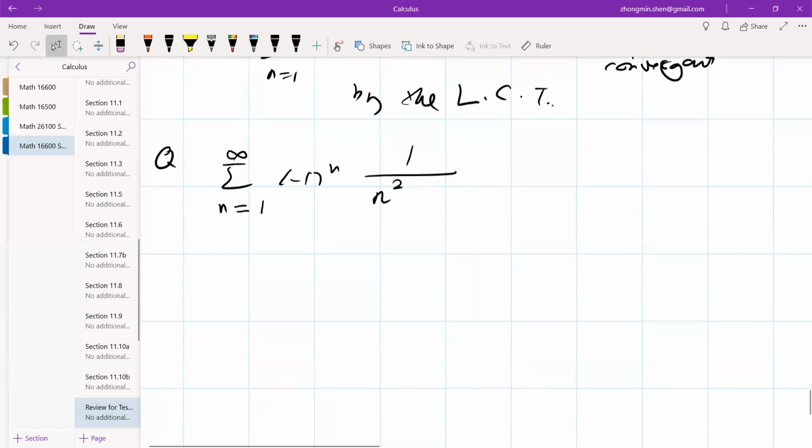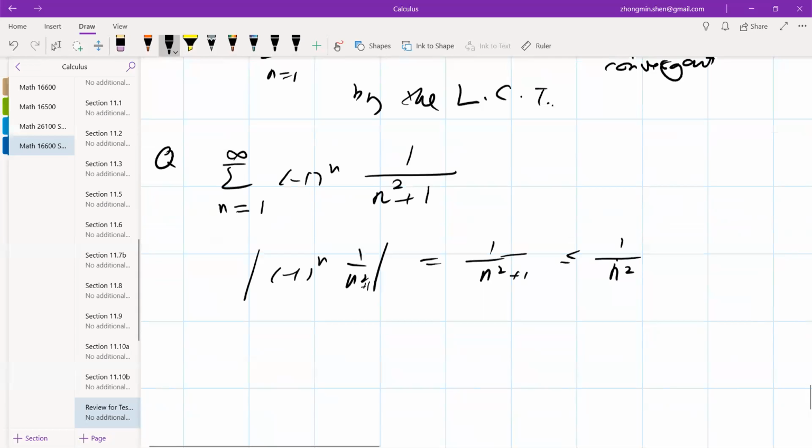Okay, so we know that this is going to be 1 over n squared. So that means I can even change it a little bit. I can even put the +1 here. Then this is going to be 1 over n squared.